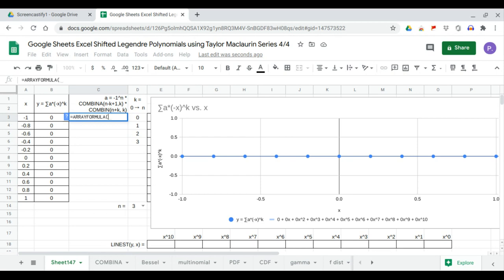So array formula, minus 1 to the power n times combina n minus k plus 1, comma k.